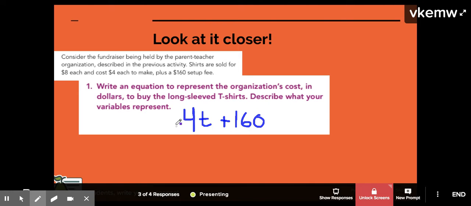And I'm going to call this our cost equation. So the cost for the organization will be $4 times the number of shirts plus 160.